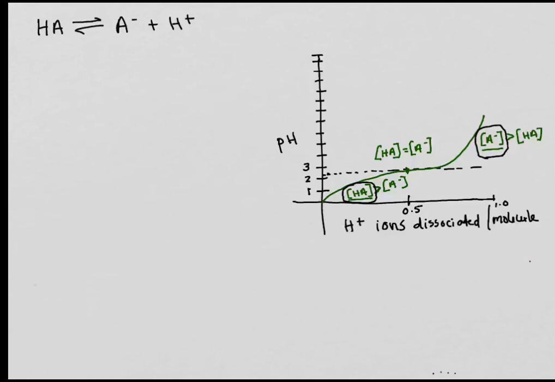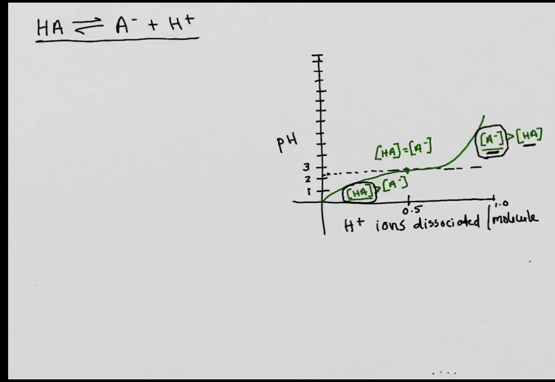Say, for example, we put in a certain molar amount of A minus and a certain molar amount of HA, and we want to know what the pH would be. Can we derive an expression knowing that this is the dissociation expression for HA? If we want an equation that relates Ka and pH, we can do this.